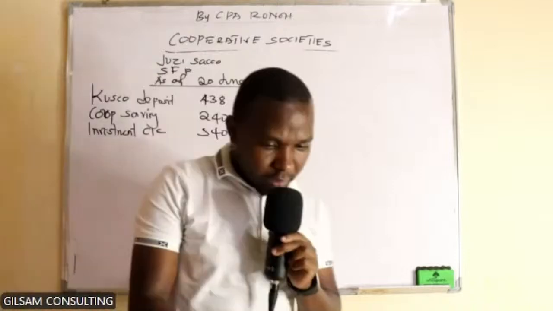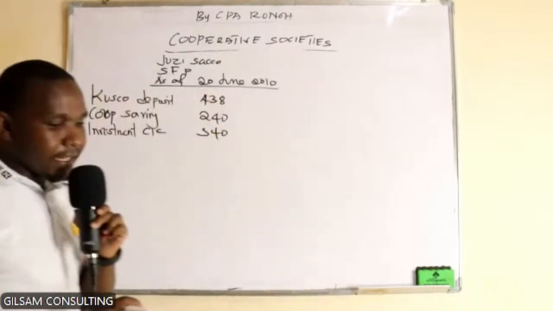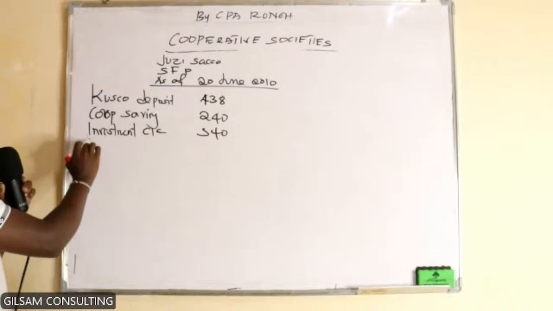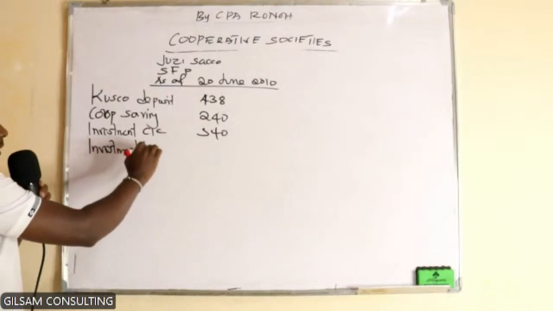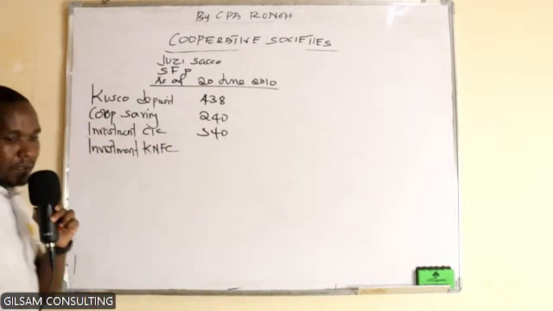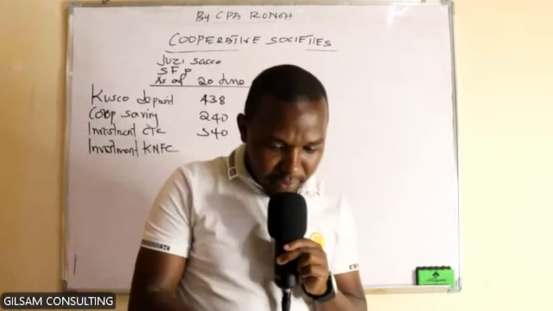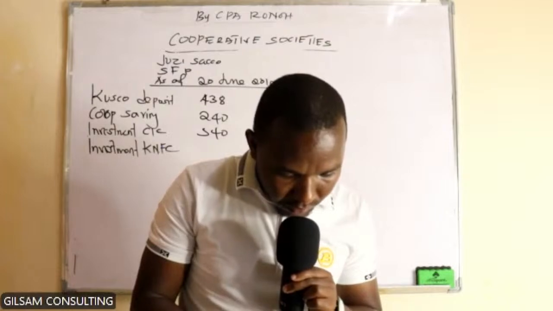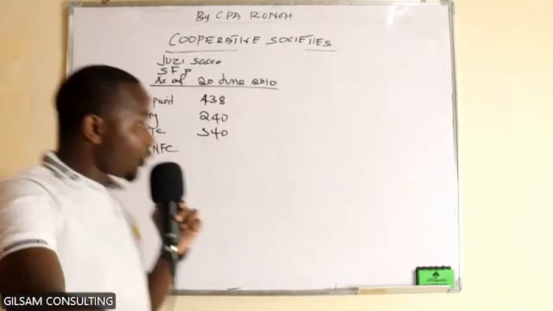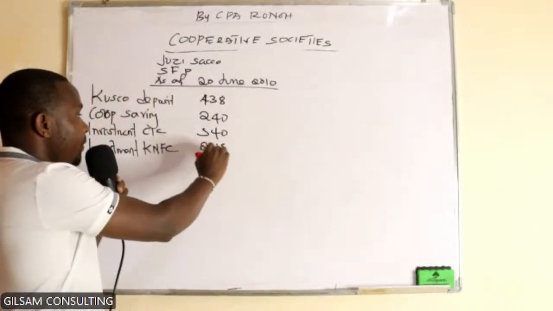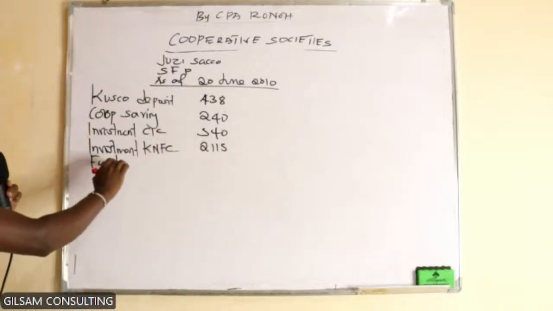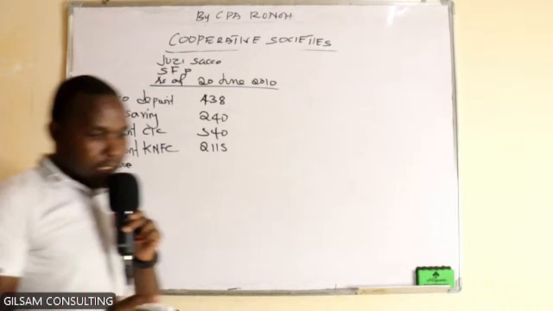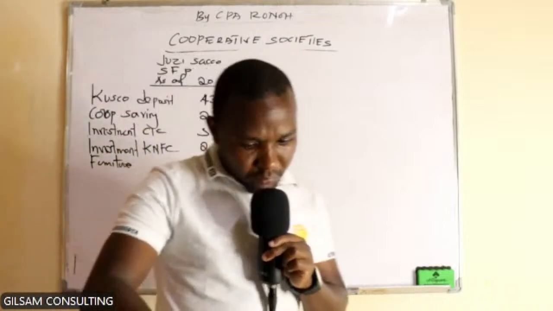And then investment in KNFC, that is 2115. We have the furniture, 90.